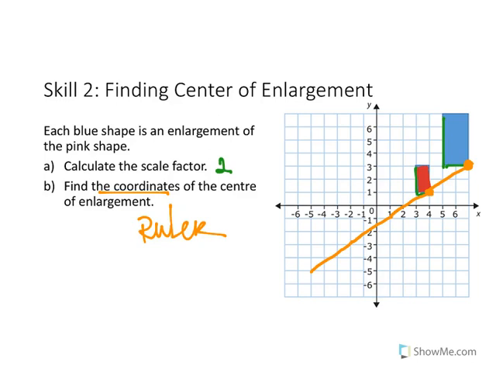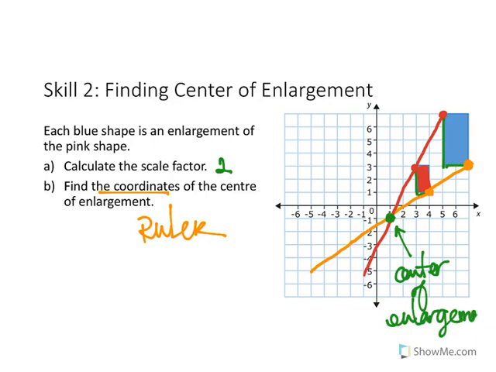Now you need to connect the other corners. So I'm going to connect this vertex with this vertex. And where the lines cross, that is your center of enlargement. So the coordinates of the center of enlargement in this case is (1, -1).